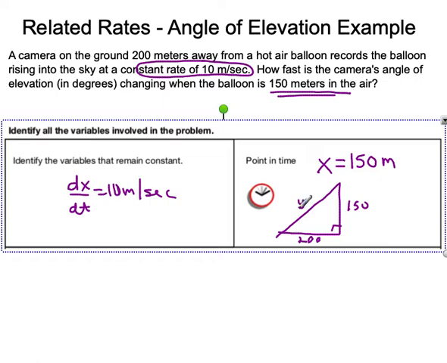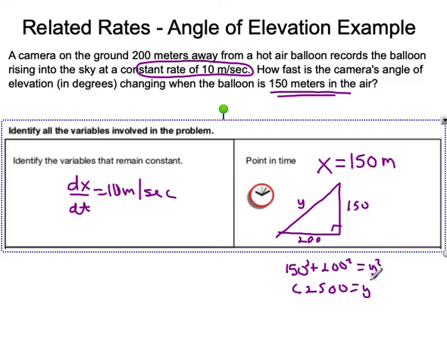So the Pythagorean theorem, I'm just going to do the calculation for that really quickly. I can say that 150 squared plus 200 squared is equal to y squared. So that gives us 62,500 equals y squared.